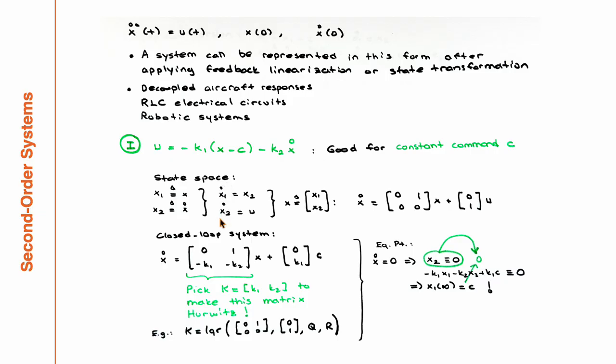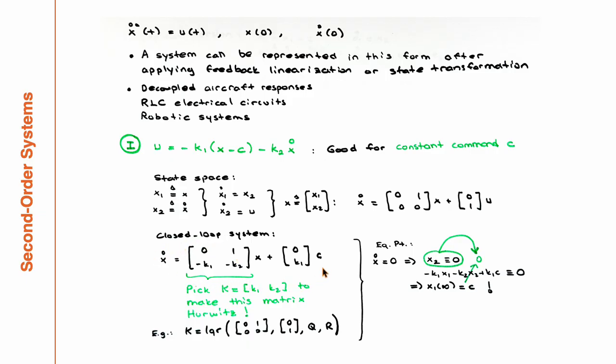Anyway, when you close the loop, you are applying to this system A and B a control structure like this. So your closed loop system, once you apply U, after minor mathematical steps, you end up having this equation. Since you injected U, now C becomes the command to this system, and this becomes our new closed loop system matrix A. And we know a fact.